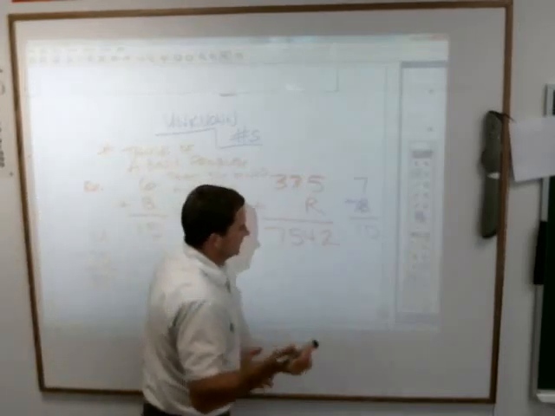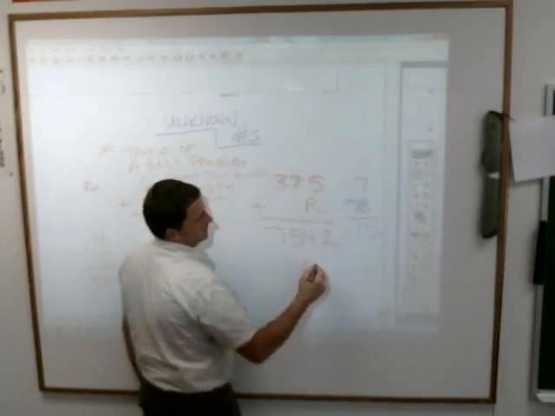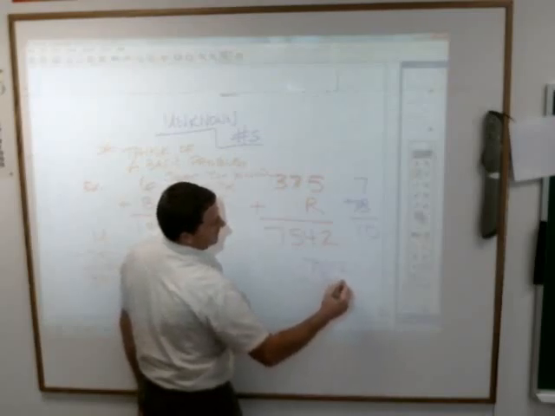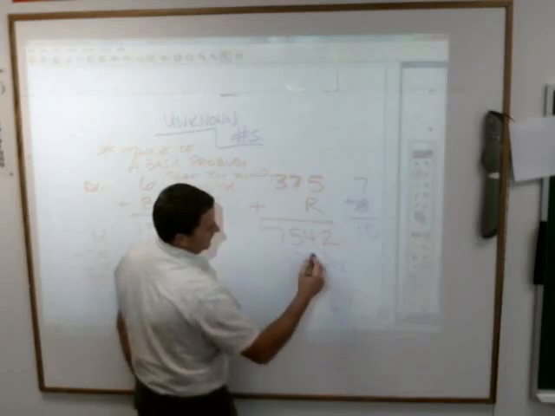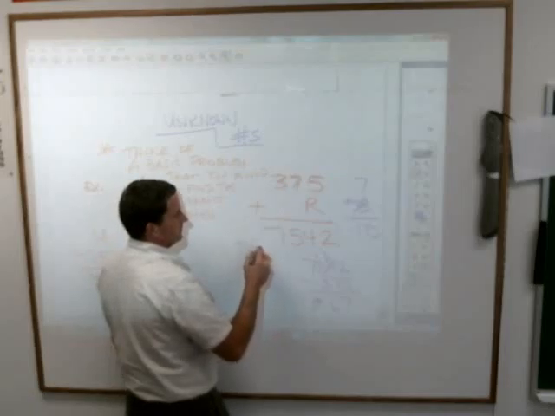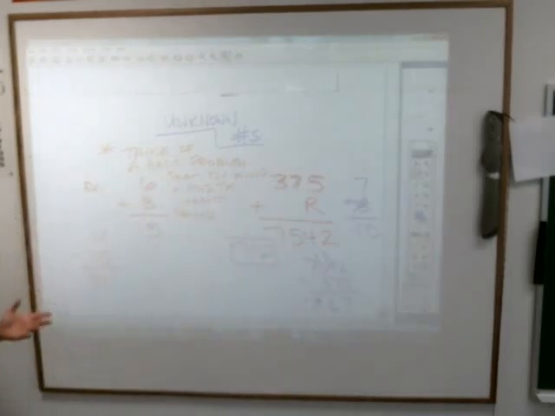Caleb? Subtract. Yeah, you're going to subtract, and that's the same thing you'll do in the hard problem to get your answer. You'll take 7,542, subtract 375, and you'll end up with, what, 7,167.